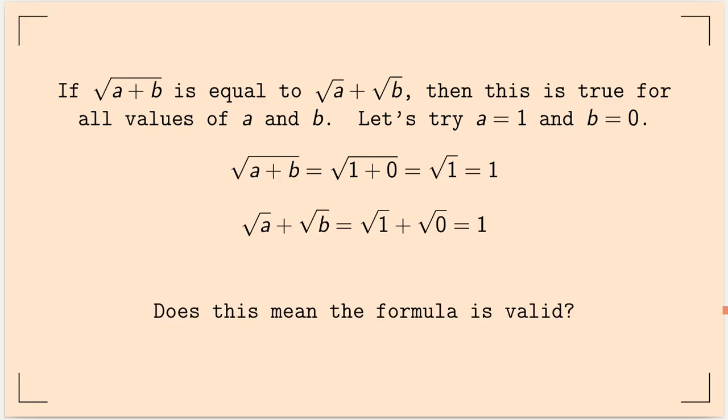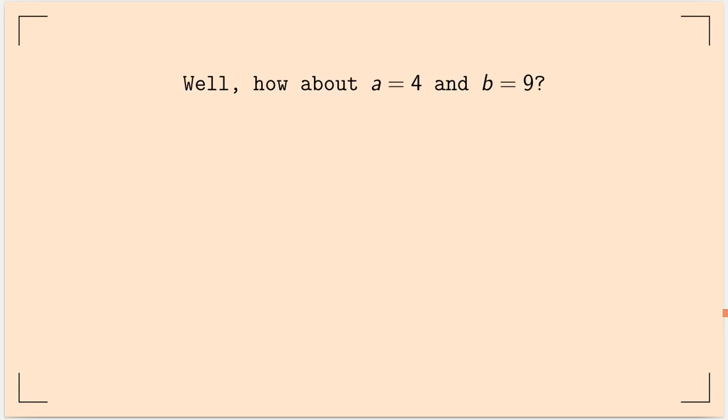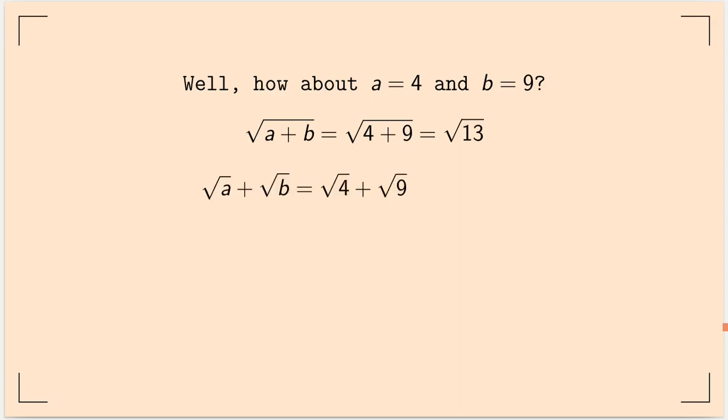Well, let's try some other numbers. How about a equals 4 and b equals 9? The square root of a plus b is the square root of 4 plus 9, which is the square root of 13. And on the other hand, the square root of a plus the square root of b is the square root of 4 plus the square root of 9, which is 2 plus 3, and that's 5.